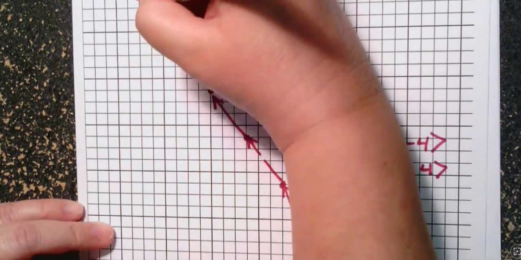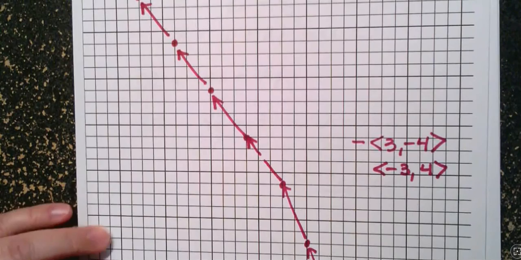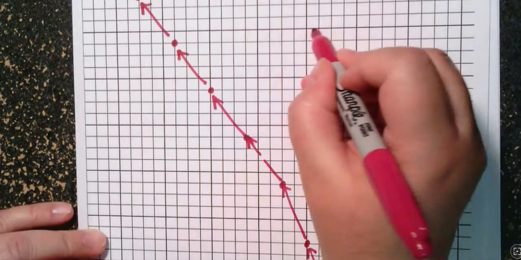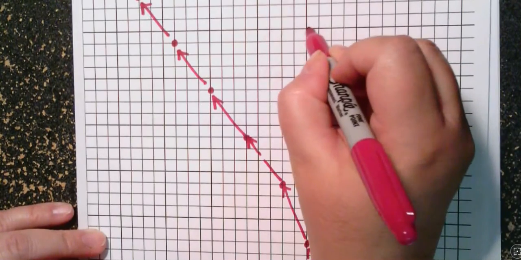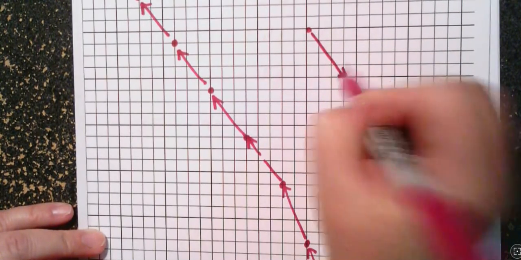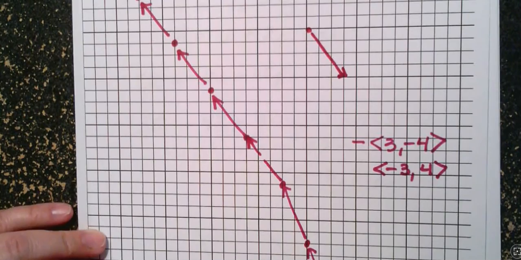So these are 4 opposites of v's, because v would have been +3, down 4. V would look like that. So I'm doing the opposite of v 4 times.